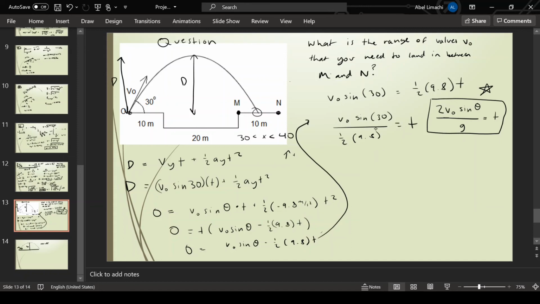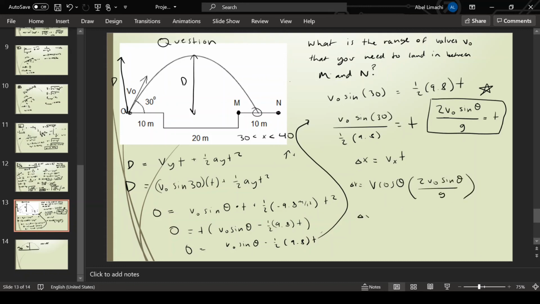Well, we figured out what t was. We need to figure out where the range is here. So now we're back in the x direction. Delta x is equal to vx t. Vx can be written as v cosine theta. We just solved for what t was. t is equal to 2 v initial sine theta over g.